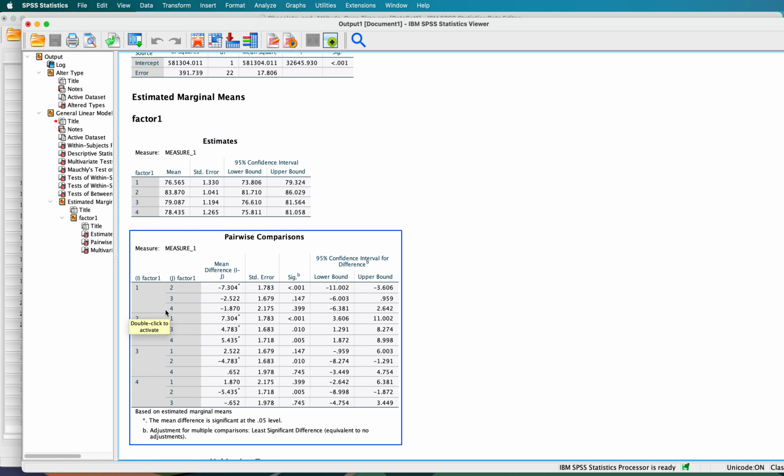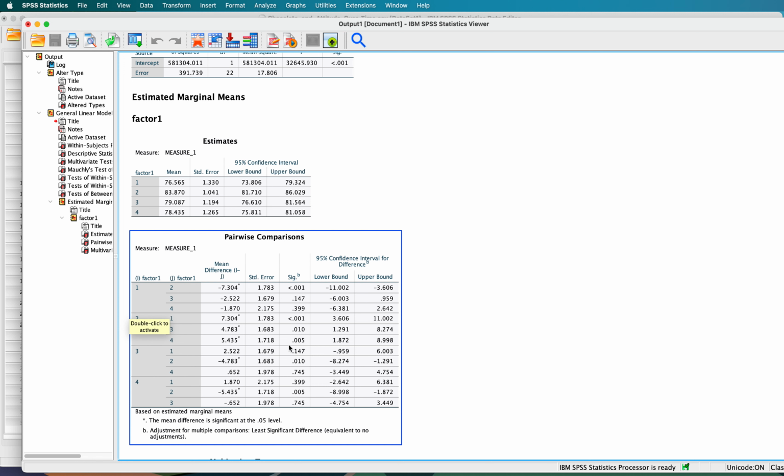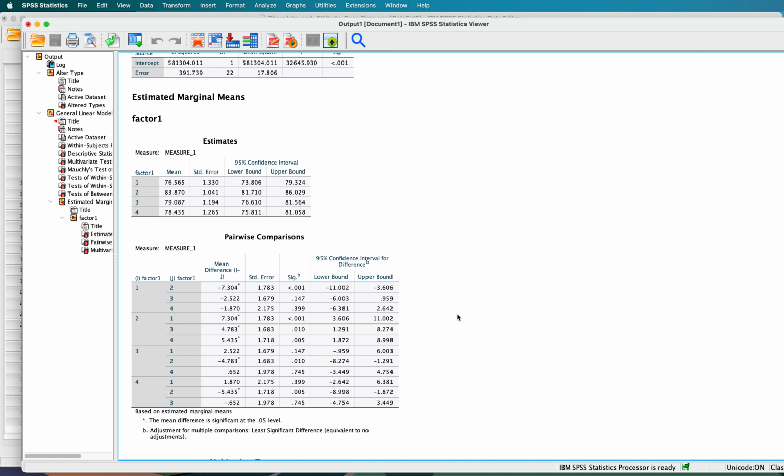And then between test 2 and test 4, we see 0.005, which is less than 0.05, so there is still a significant difference between 2 and 4. So we're seeing a huge impact between 2 and 3 and 2 and 4.